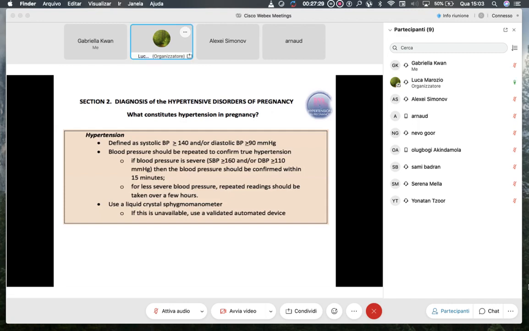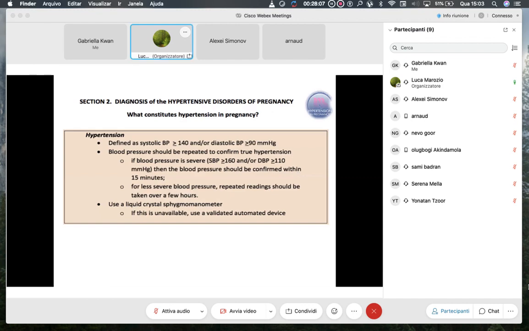But during pregnancy, blood pressure elevation should be confirmed by repeating measurements. If you measure a very severe blood pressure elevation, greater than 160 or 110, you can confirm hypertension by repeating the measurement after 15-20 minutes.